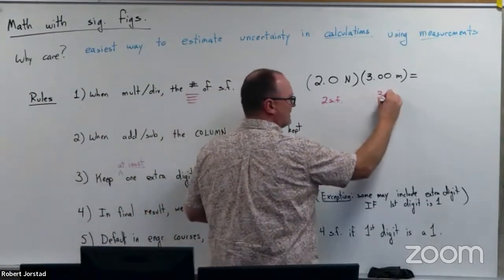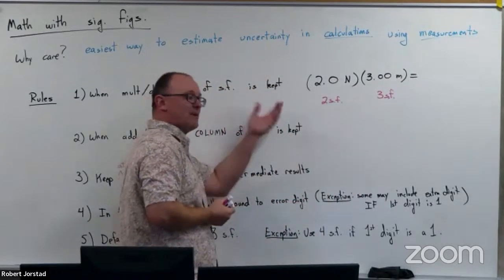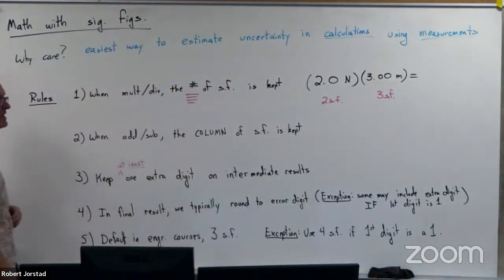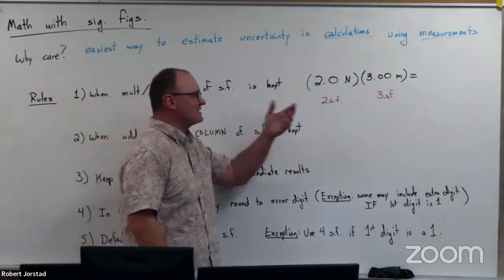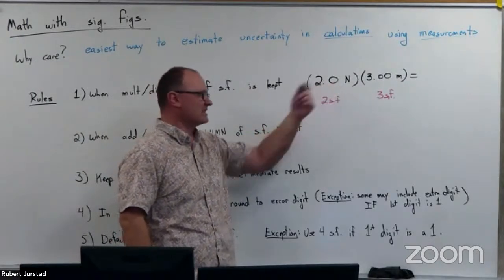This number has 3 sig figs. I would keep the smaller number of sig figs when you multiply. I like to think of it as keep the crappier number, right? This is the limiting number of sig figs. We can't do better than 2 in this calculation.